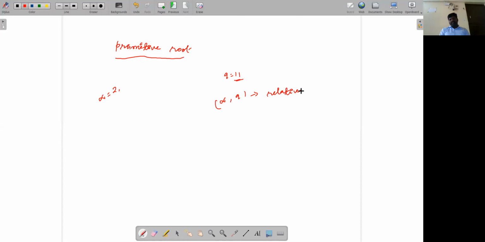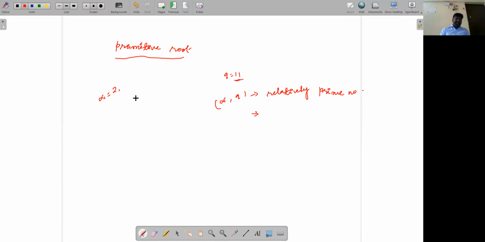You must know what relatively prime or co-prime numbers are. There should not be any common factors between these two selected values except one.